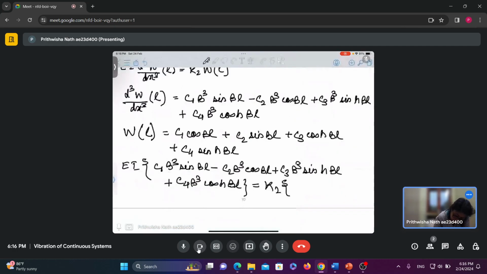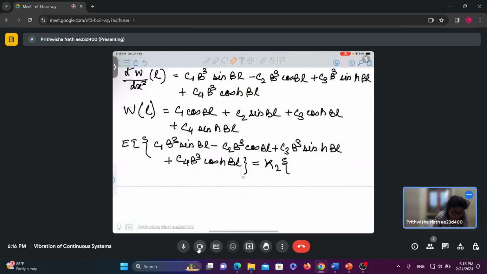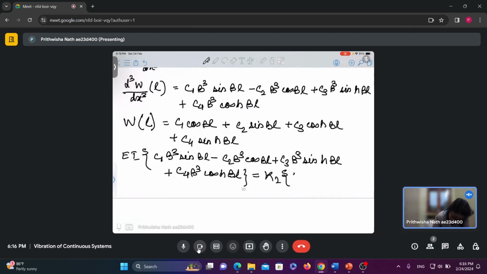So W at L is C1 cos beta L plus C2 sin beta L plus C3 cos hyperbolic beta L plus C4 sin hyperbolic beta L.